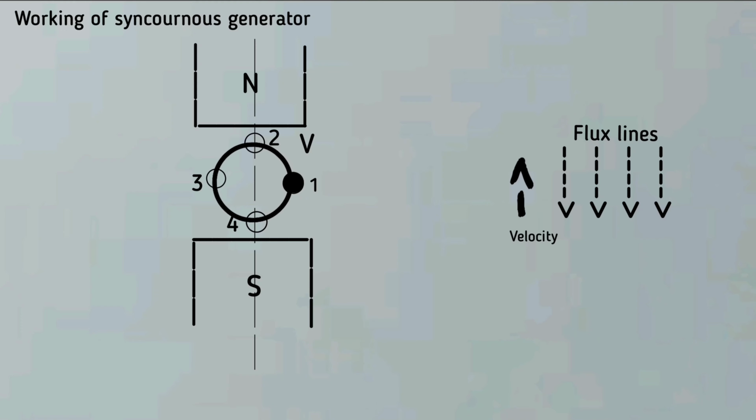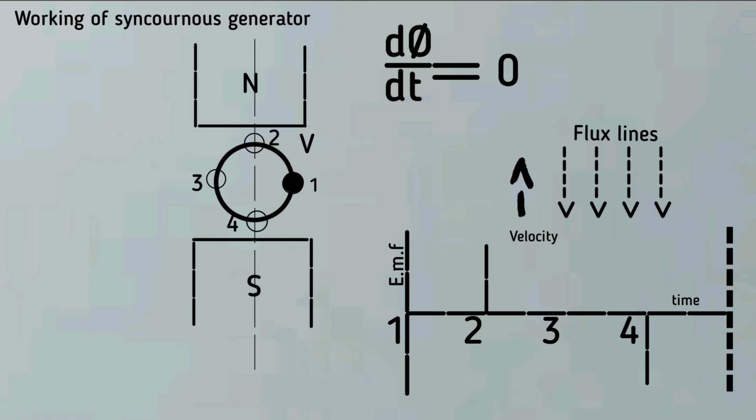Since there is no cutting of flux lines by the conductor, d phi by dt at this instant is 0, and hence the induced EMF of this conductor is also 0. As the conductor moves from position 1 to position 2, part of the velocity component becomes perpendicular to the flux lines, and proportional to that, EMF gets induced in the conductor, and the magnitude of the induced EMF increases.